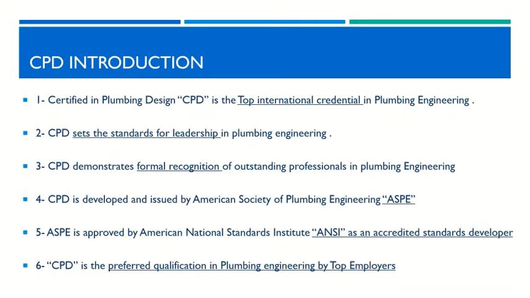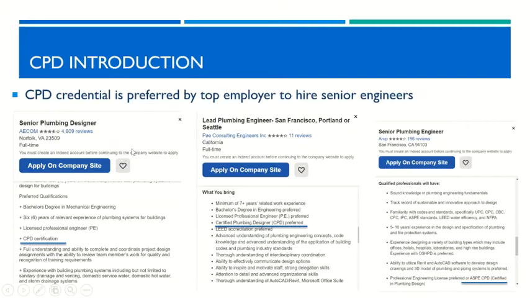And CPD is a preferred qualification in plumbing engineering by top employers, as we are seeing in the next slides. This is an example for this year, 2021. We can see here the CPD credential is preferred by top employers to hire senior engineers. For example, here, Ecom required CPD certification for senior plumbing engineers.